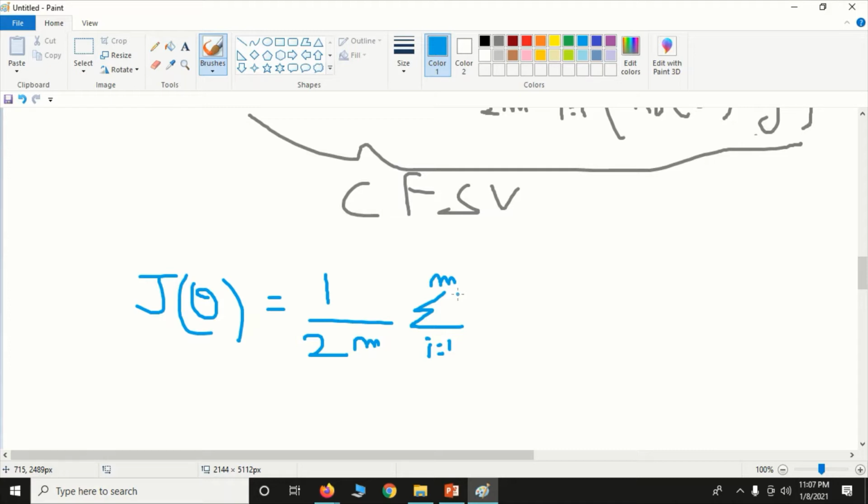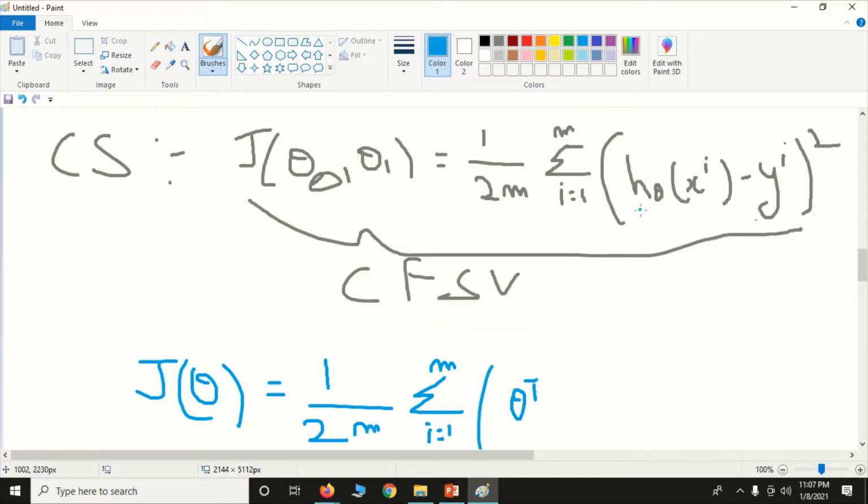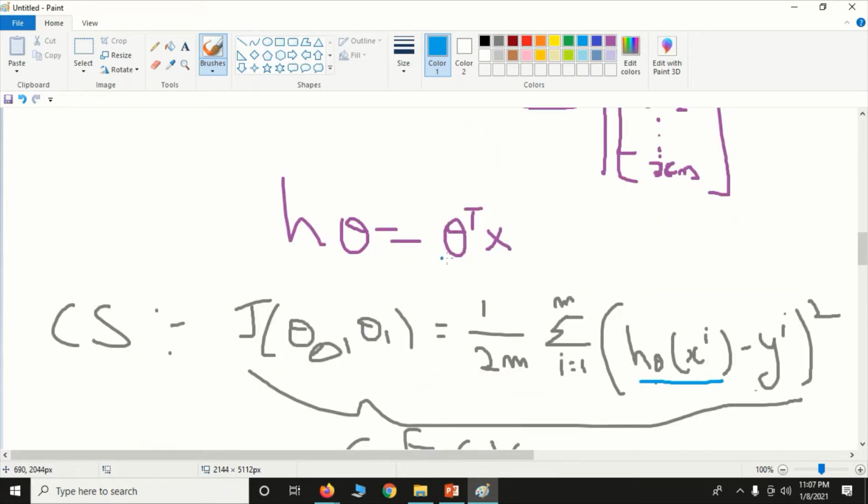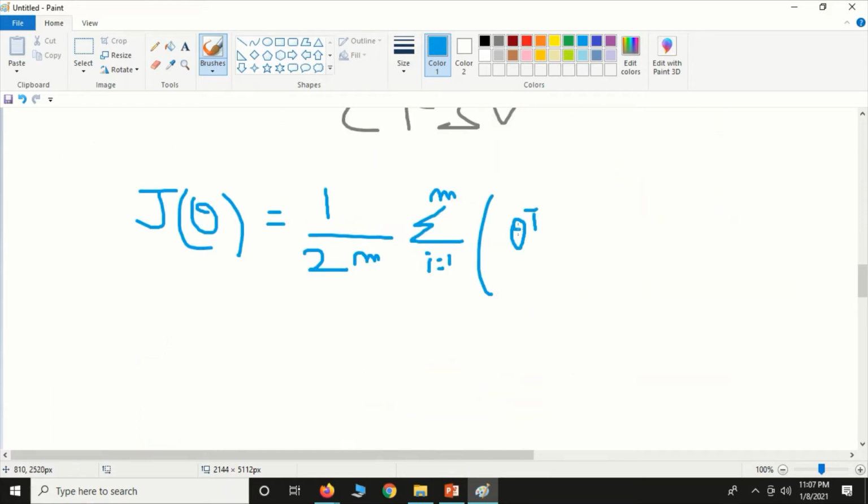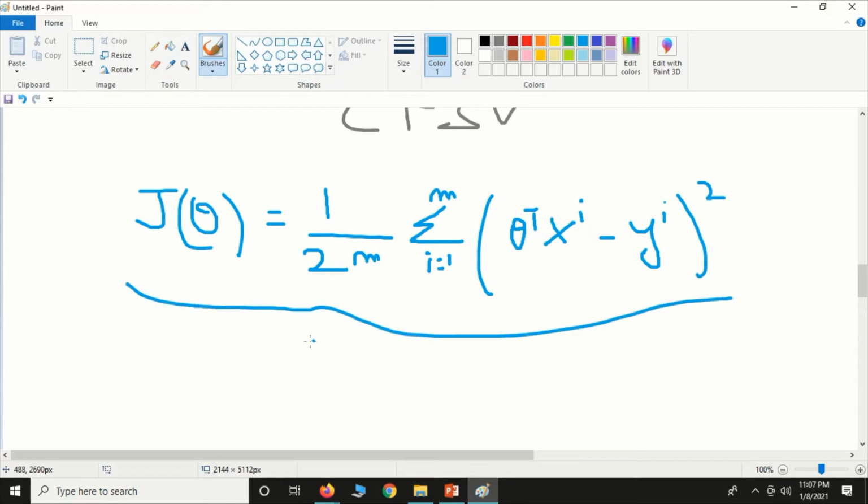For single variable it was h theta of x i. For multiple variable, it is theta transpose x i minus y i, the whole square. This is the cost function for a multivariate or multiple variable problem.